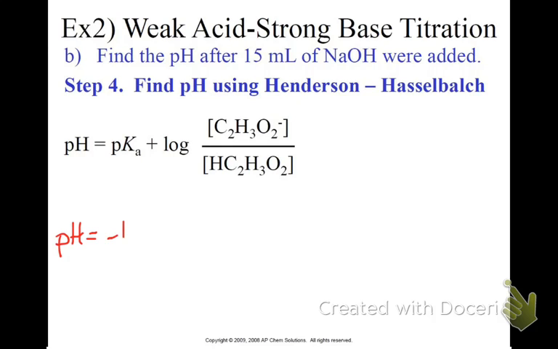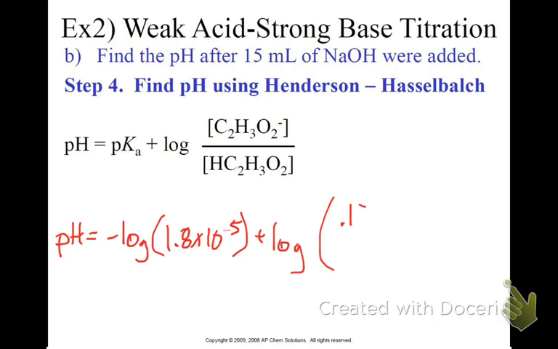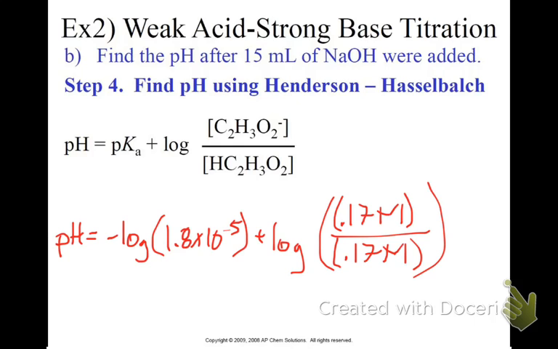So pH would be the negative log of 1.8 times 10 to the negative fifth plus the log of 0.17 molar divided by 0.17 molar. And so it would just be plus the log of 1, which is 0. And so the pH is going to equal the pKa in this case. That means the pH is equal to 4.74. That was fun. That was a lot of fun.